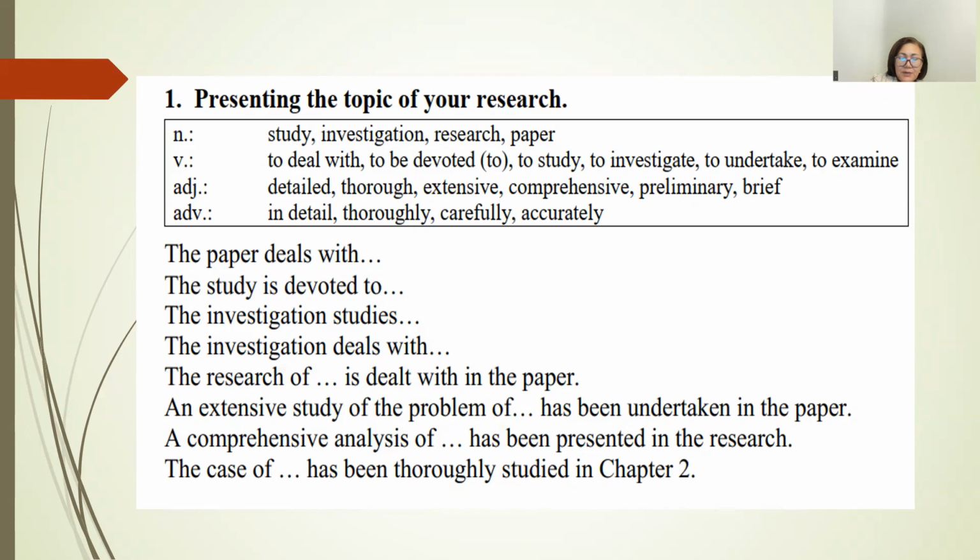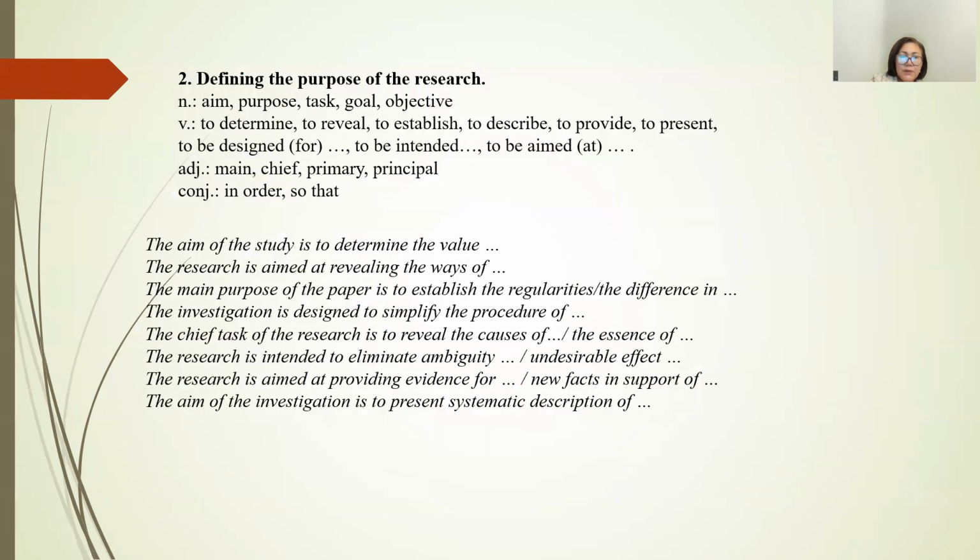Next information that we include into the scientific apparatus of any research paper is defining the purpose of the research. So the nouns like aim, purpose, task, goal, objective are used in this step.